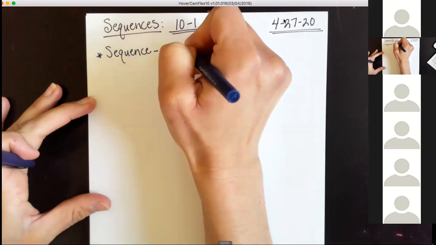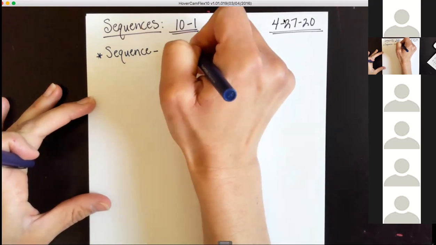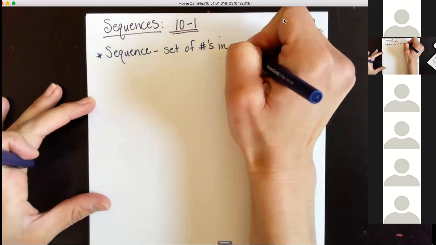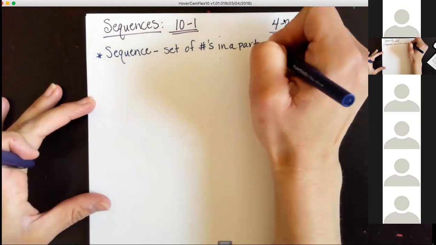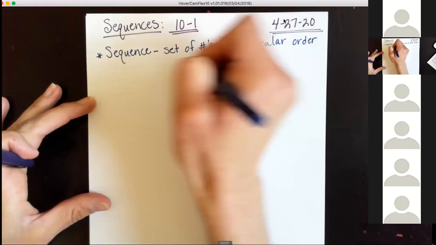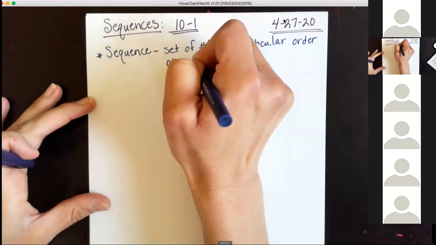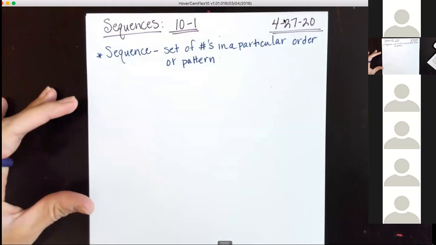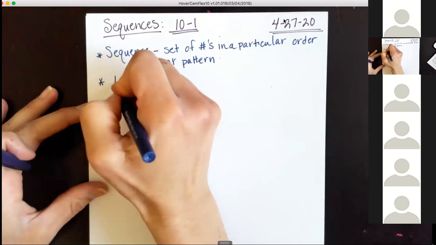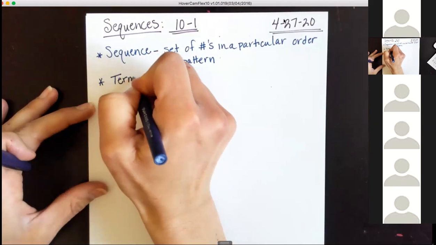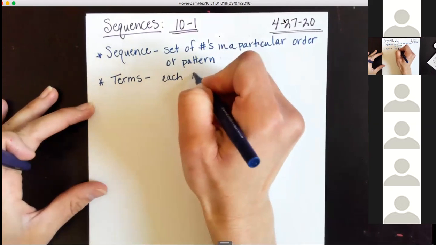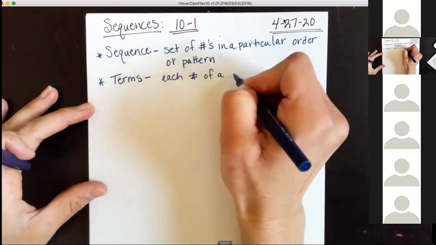We're going to talk about a set of numbers in a particular order or pattern. And when they talk about each of these, you're going to talk about the terms in the pattern. That actually is each number of a sequence.